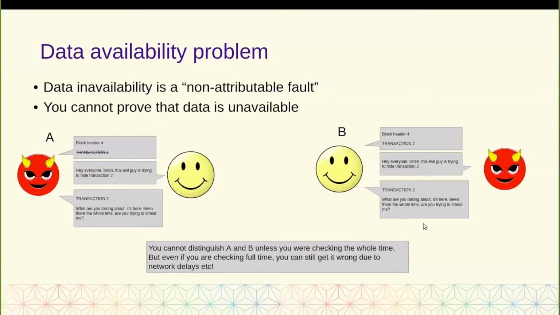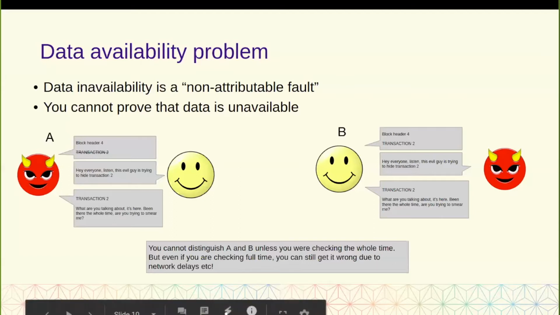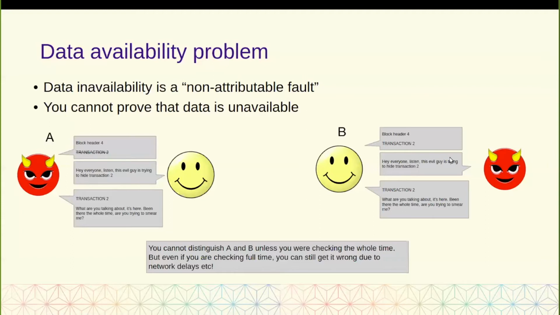Now, the problem is that the light client doesn't know, if he gets a warning, he can't know which of these two is going on. It's impossible to know from the end result which one happened, except if you did check the whole time. So if you were actually in the first situation, you were already checking. But even then, you might get it wrong because it might just be that the data arrived later.